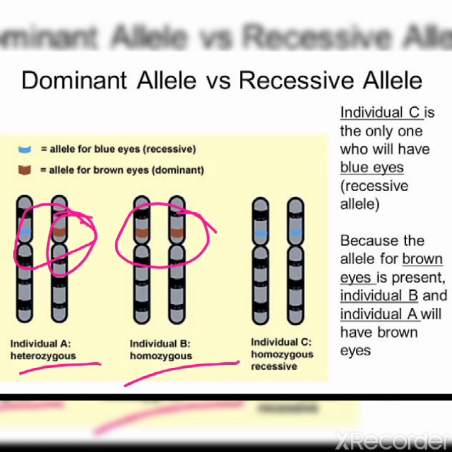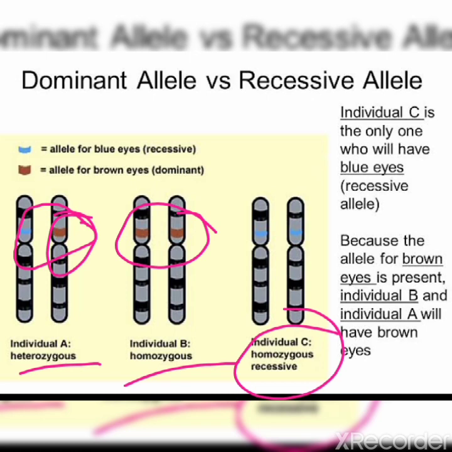But individual B will be homozygous dominant, that has similar pair. Both are brown. So individual B will be homozygous dominant, that has similar pair. And the C one is homozygous recessive, that has also similar pair. Recessive but similar pair.